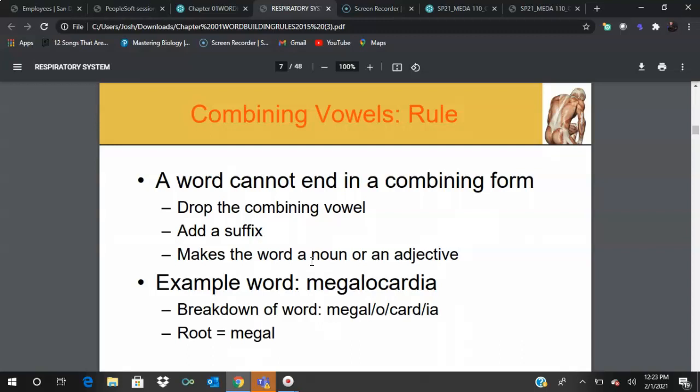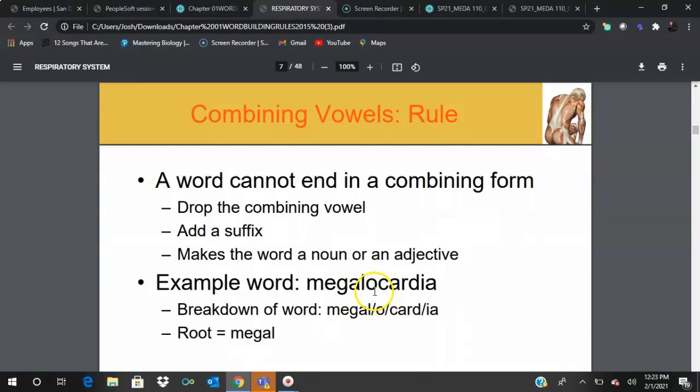When we use this word megalocardia, this isn't my favorite word to demonstrate with, but the example here is we have two word roots. We have megalo and then we have cardi. Cardi is heart. Megalo is kind of a weird word element because it can be used as a suffix as well as a word root.